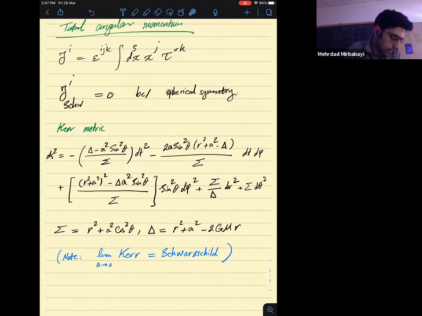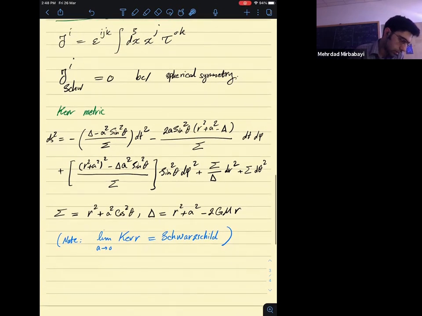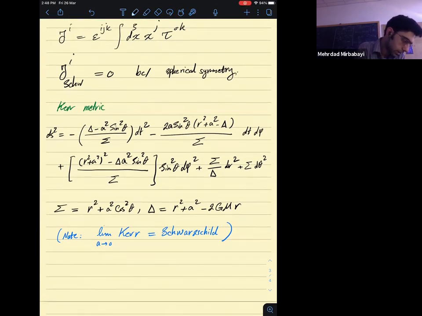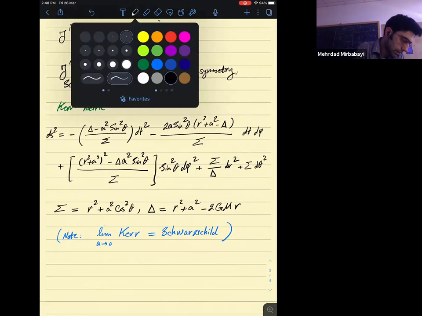As you can see, this metric makes it obvious: there is no explicit dependence on this phi coordinate in this metric. Moreover, there is no explicit time dependence in this metric. So this metric clearly has two symmetries. It has axial symmetry and it has a time translation symmetry.